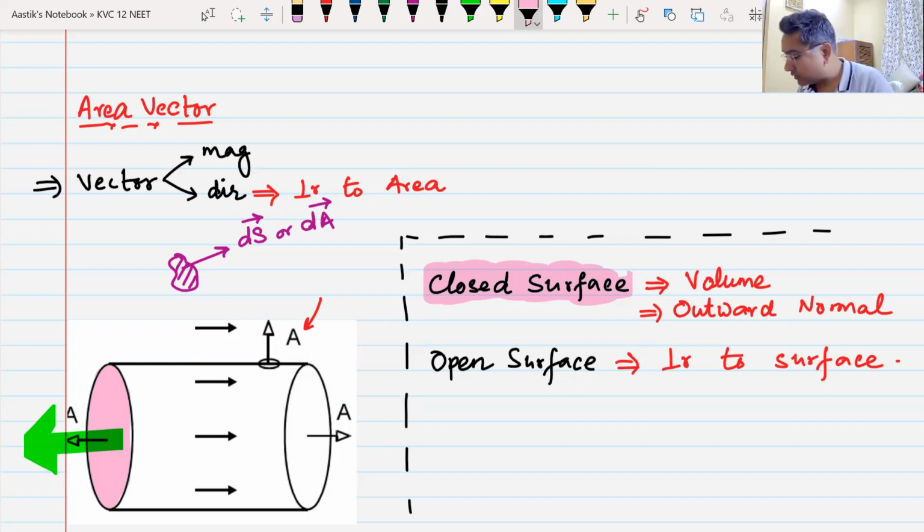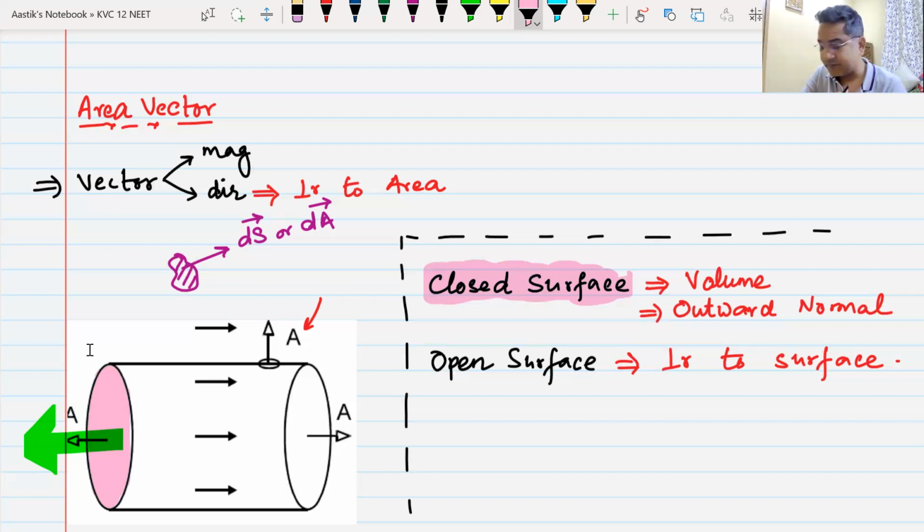This is what this particular section is all about, closed surfaces. Now, we understood what is area vector. Then comes the next heading, which is electric flux. So write the next heading, electric flux.